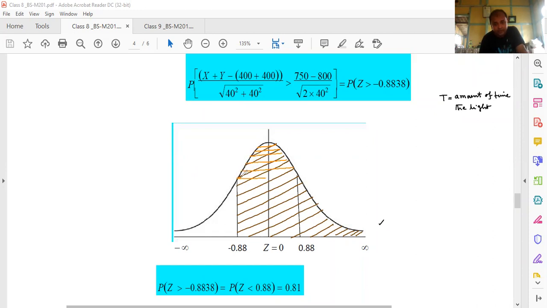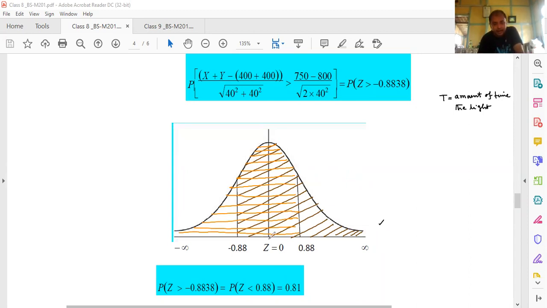So I'm marking this as well. Just look at what I'm doing. I'm marking these areas properly. The area of this brown colored region will be exactly equal to the area of the yellow colored region. Those two areas will be exactly equal.